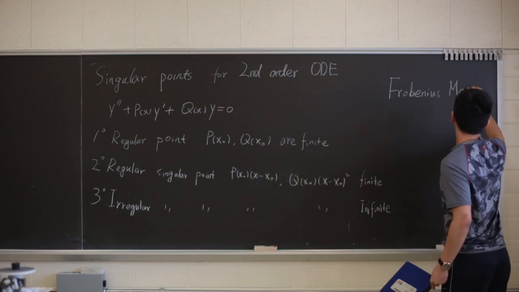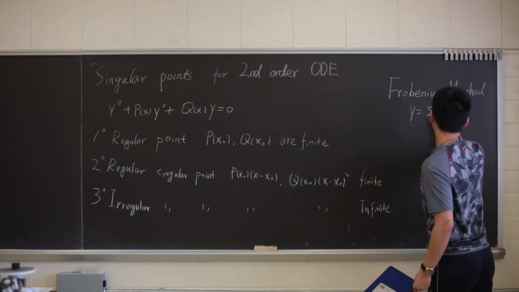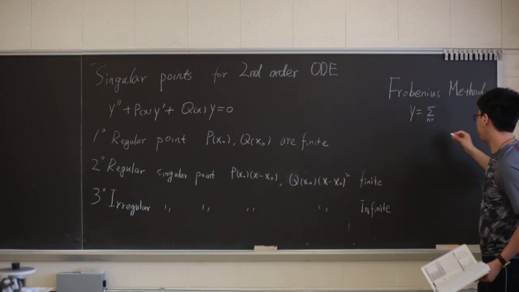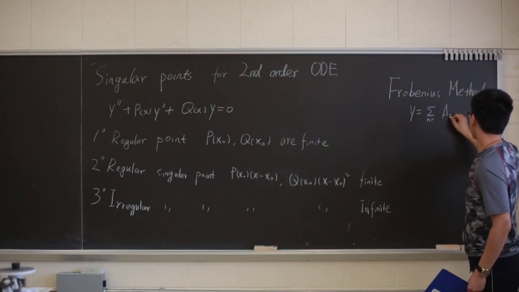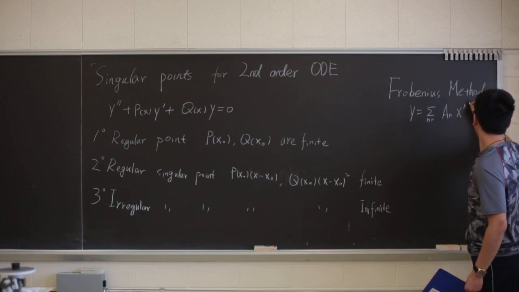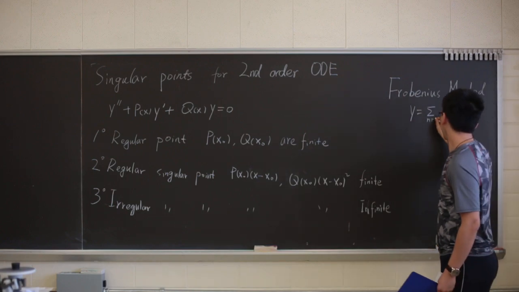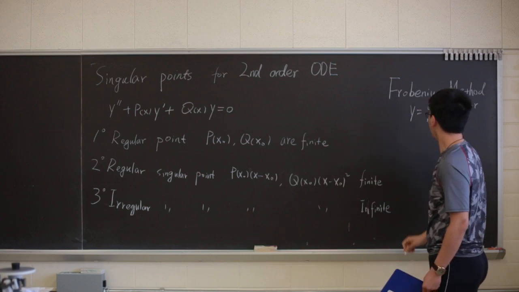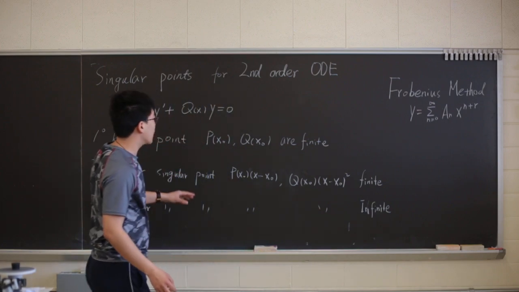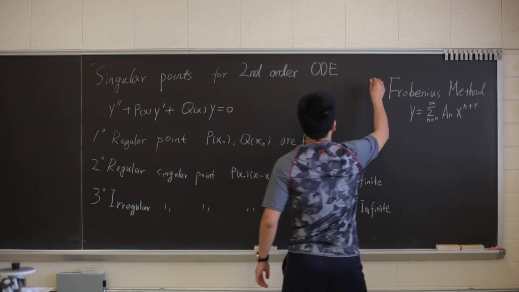Frobenius method, which just makes y equal to somewhat like a Fourier series, but with an extra x to the n plus r power. And then you fit the y into here and solve for the coefficients, which I'm going to talk about later, maybe in the next video.